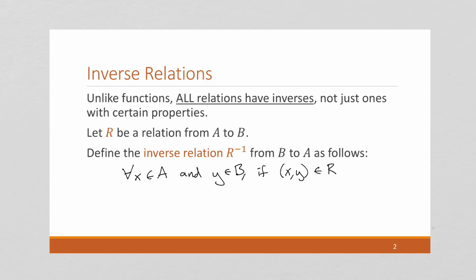So this is another way of defining a pair that belong to a relation. So we can say X related to Y, or we could also say X, Y is in the relation. These are both valid. So we say if X is related to Y, then Y is related to X in our inverse.